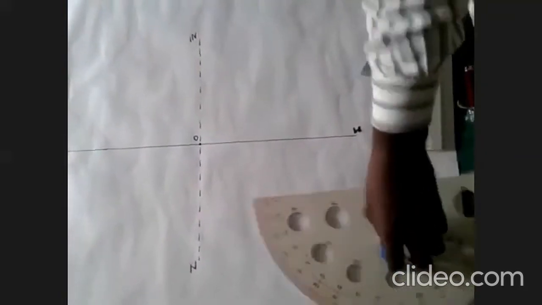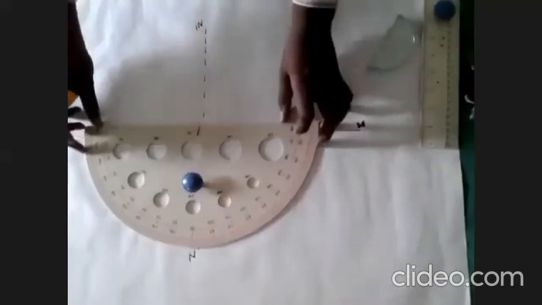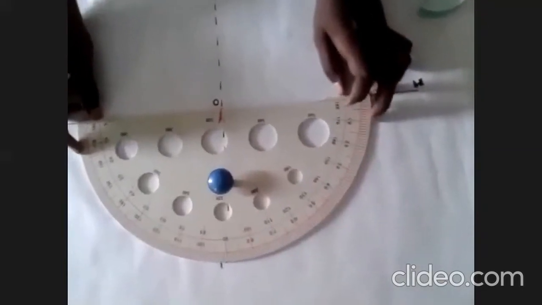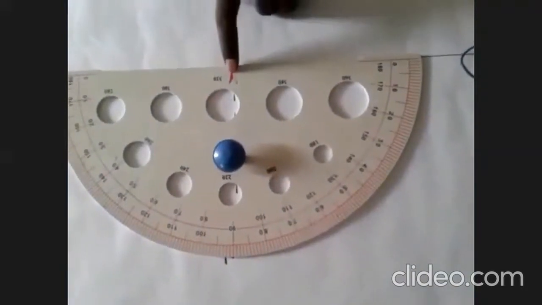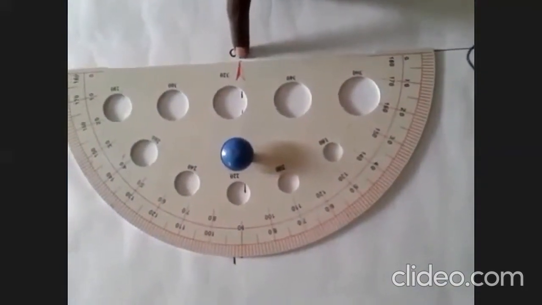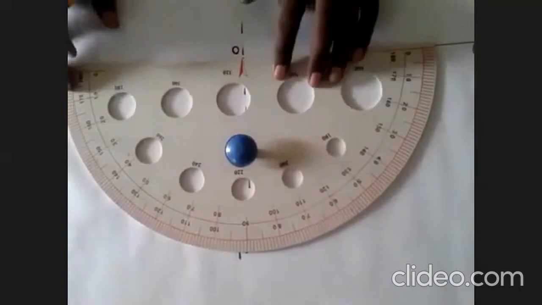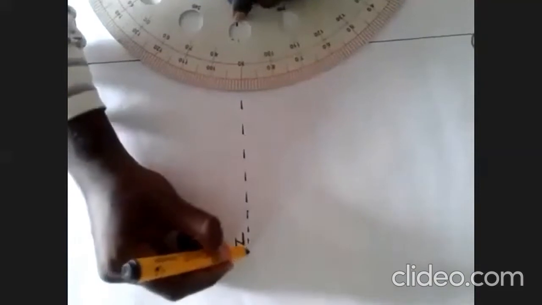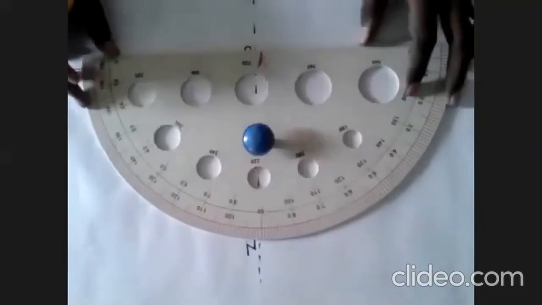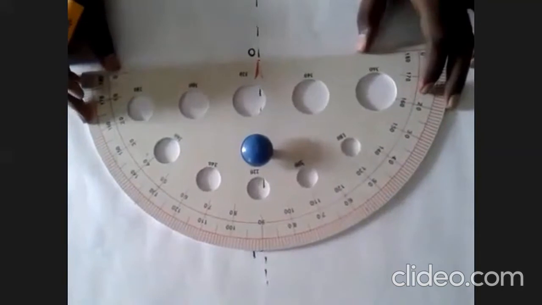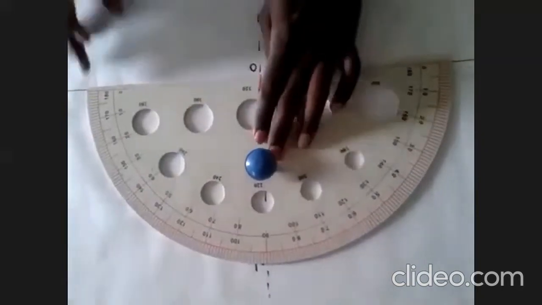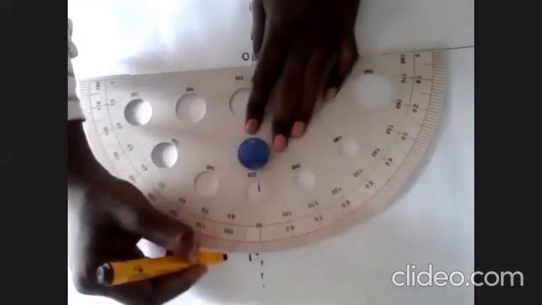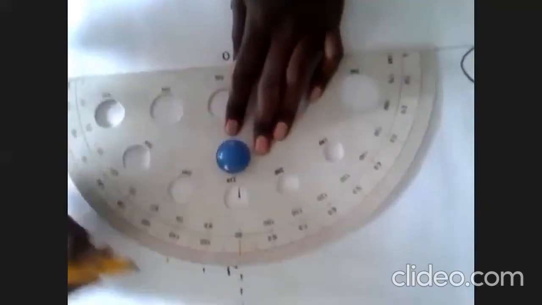Now take the protractor and place it so that the midpoint of the protractor coincides with the point of intersection. Now draw 10 degrees, make the angles here.